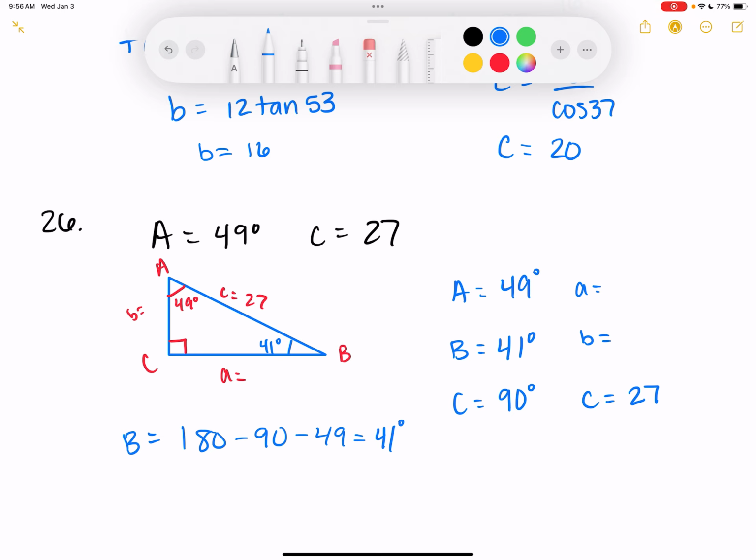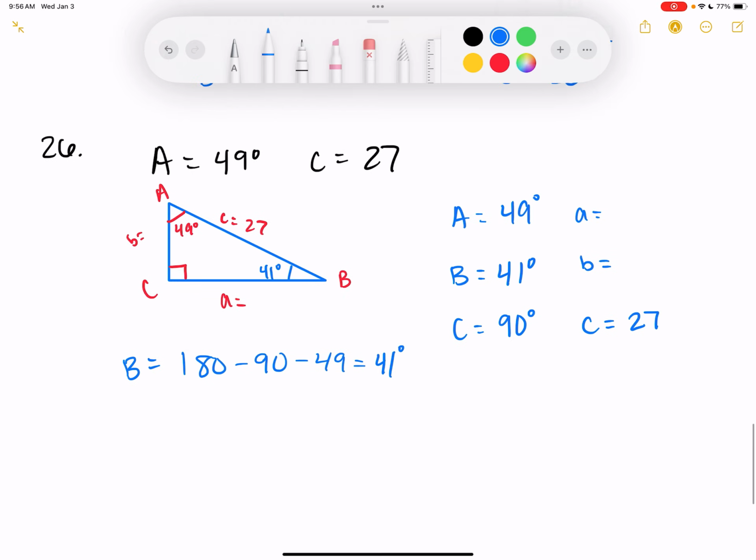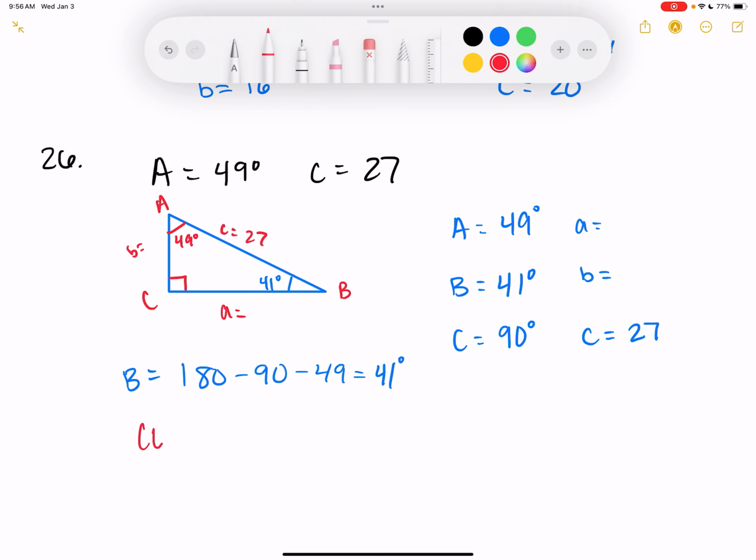Cosine of what? Which angle? Angle B? Yes. All right, so cosine of 41 is equal to A over 27.